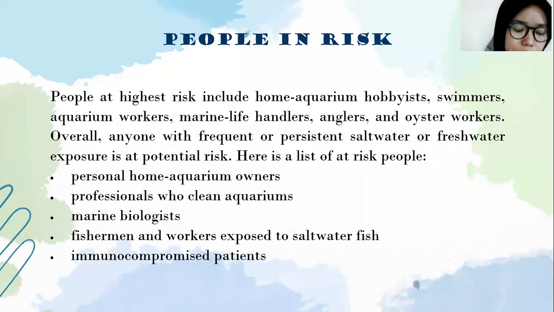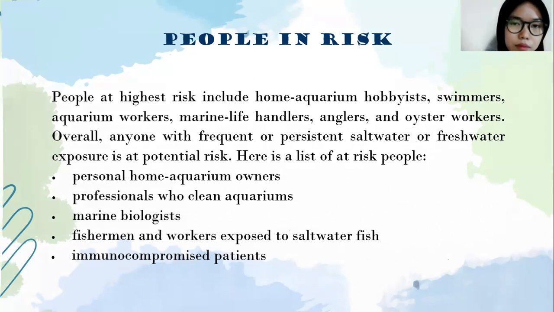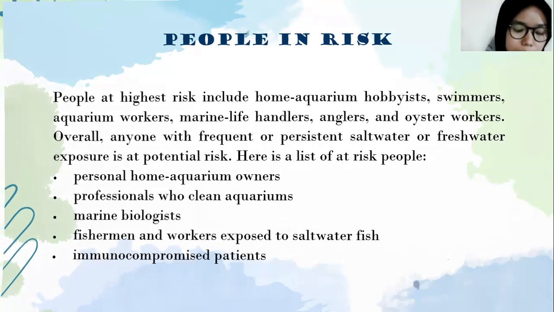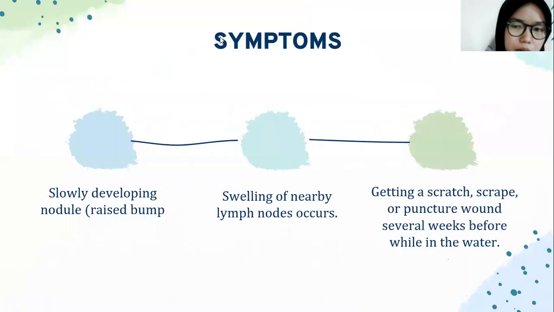The first one is personal home aquarium owners, then professionals who clean aquariums, then marine biologists, then fishermen exposed to saltwater fish, and then immunocompromised patients. The next material will be presented by Dhea.